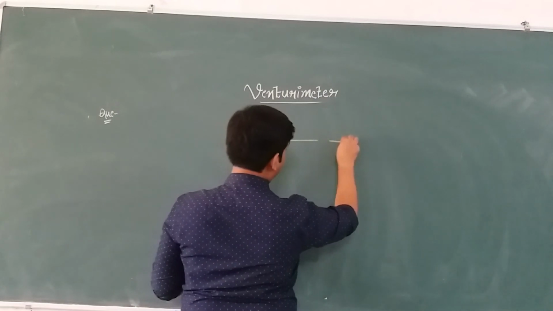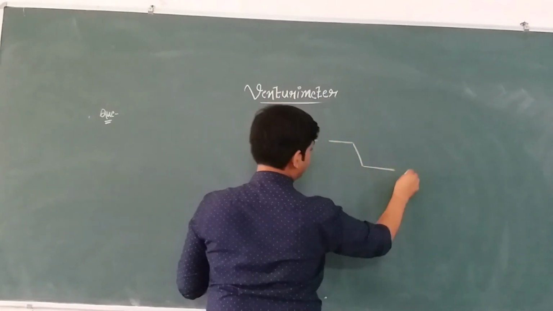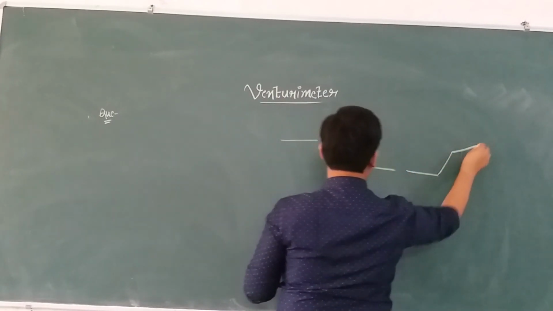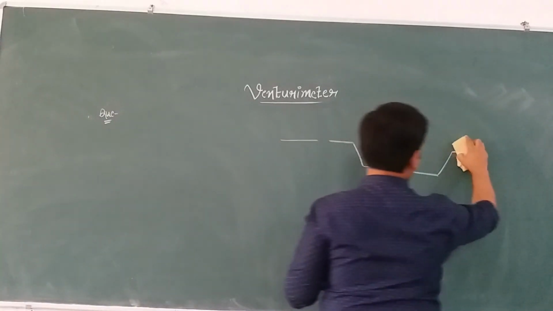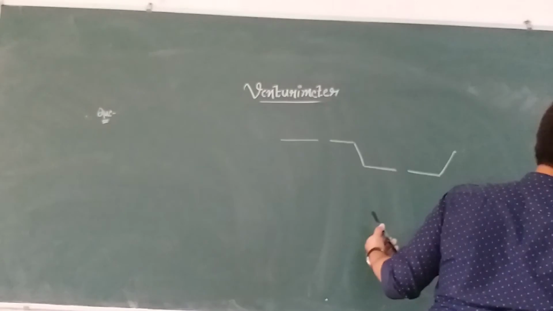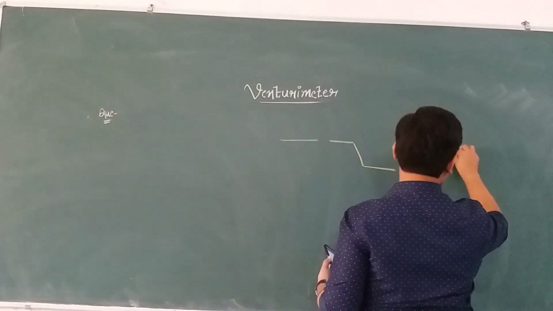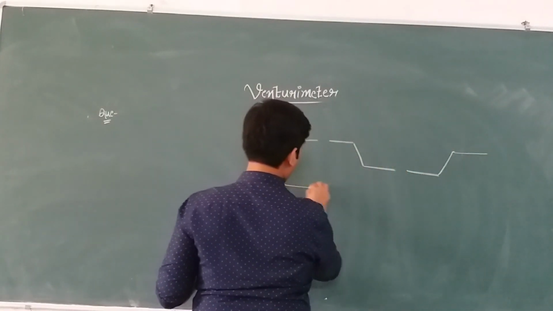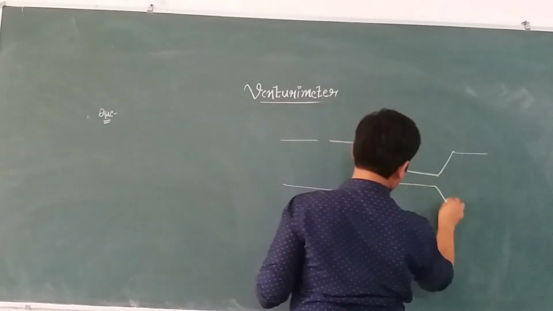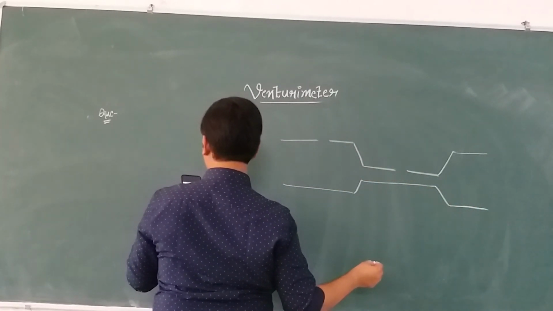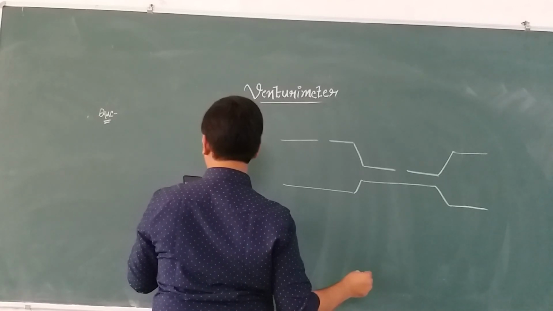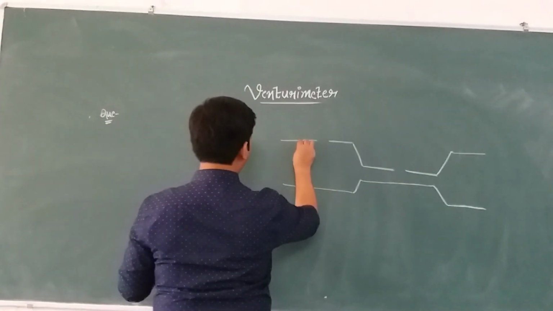So there is a venturimeter. Let me draw it. So this is a venturimeter, and it says that where a venturimeter is connected, the diameter is 8 centimeter and 5 centimeter.